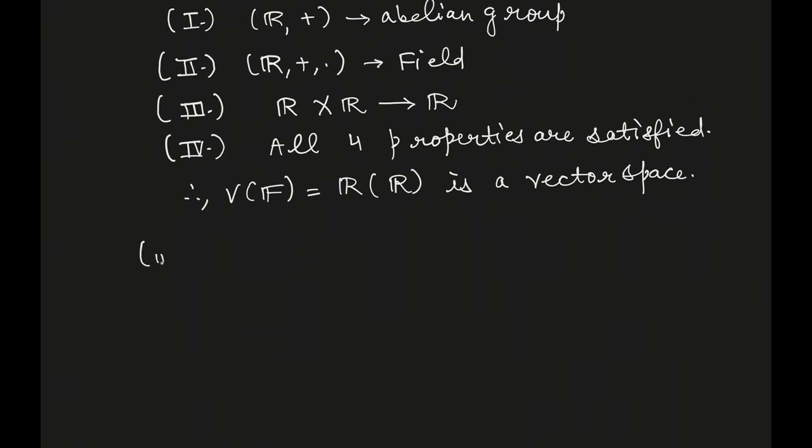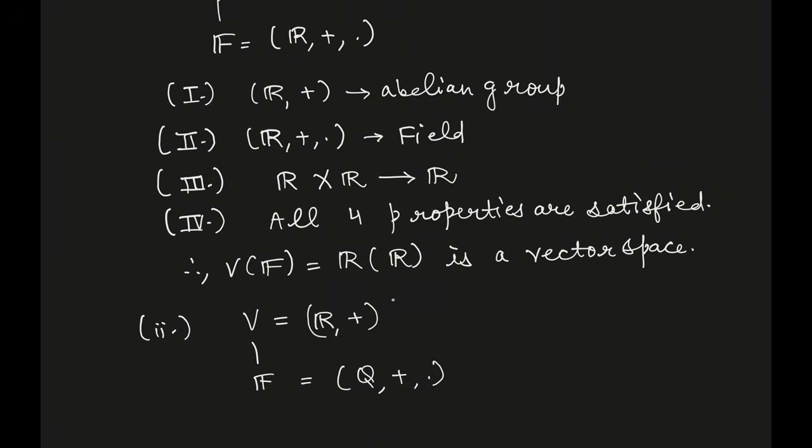Second example, if I take V as real with respect to addition over field rational with respect to plus and dot, tell me whether it is a vector space or not.